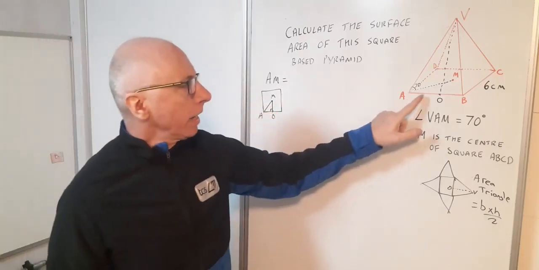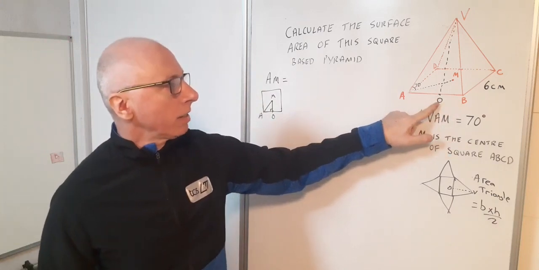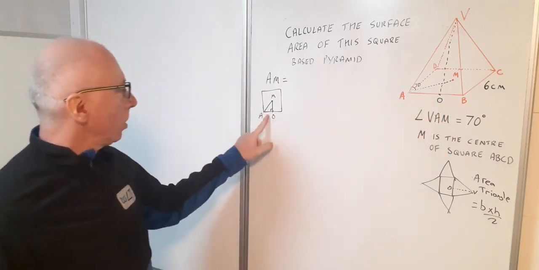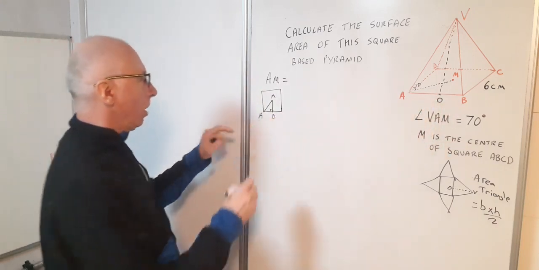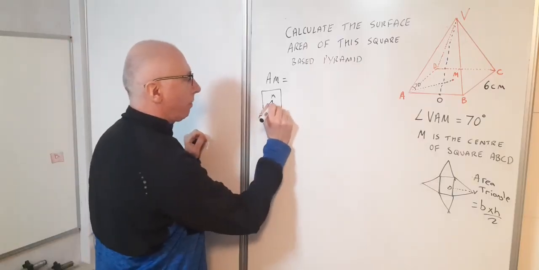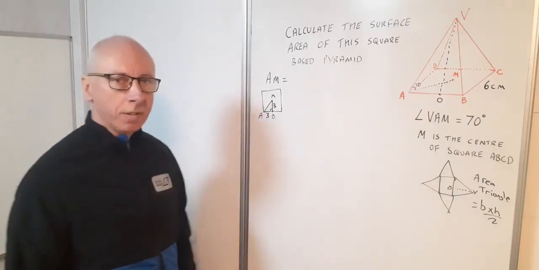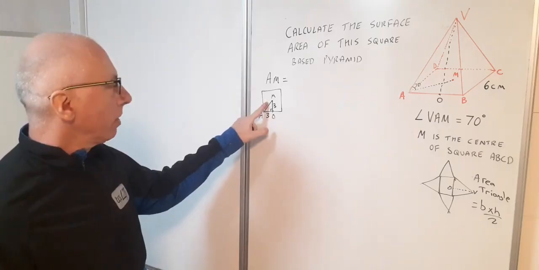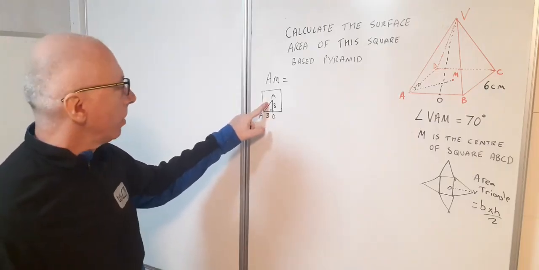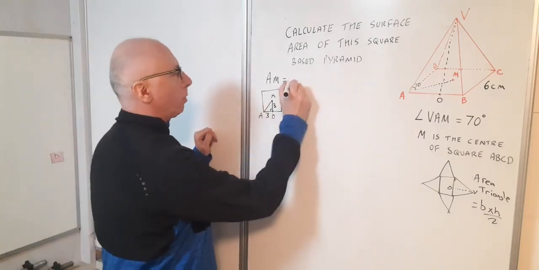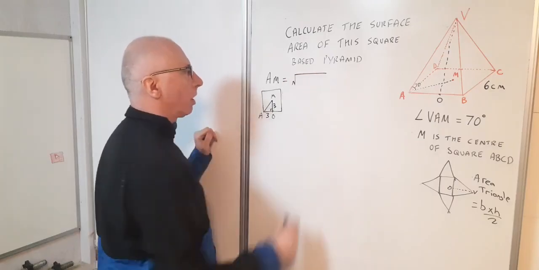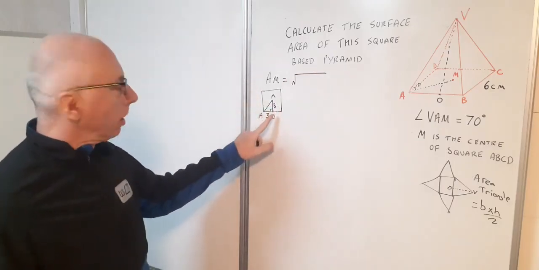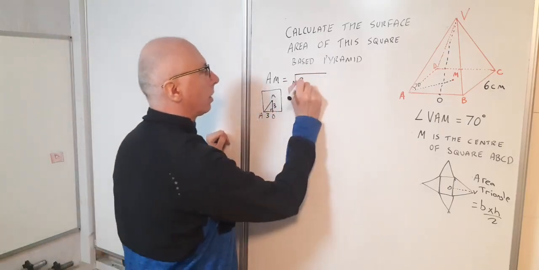And from A to B, O is the centre, so therefore each side here is 3. So AO is 3, so therefore OM is also 3. So then we can find this AM by Pythagoras' theorem. So AM would be the square root of 3 squared plus 3 squared.